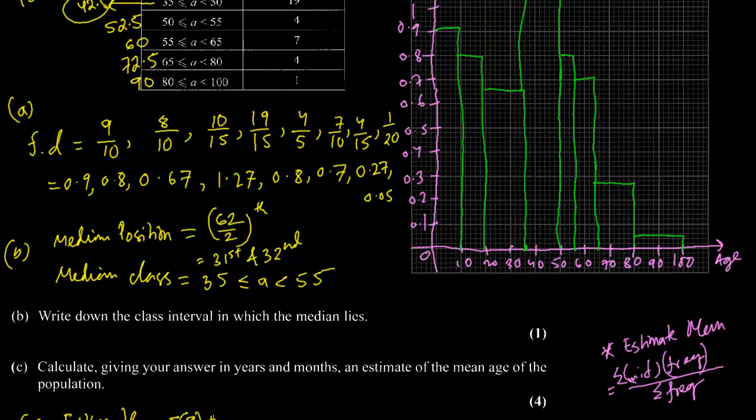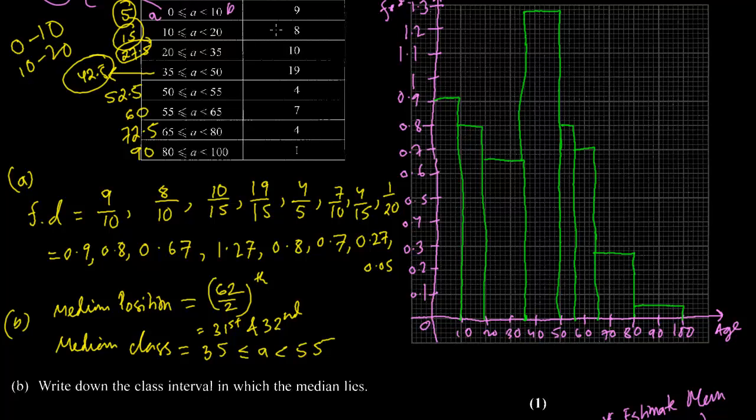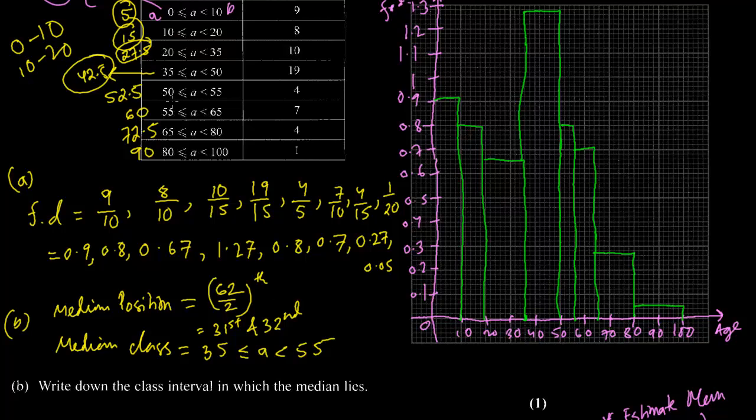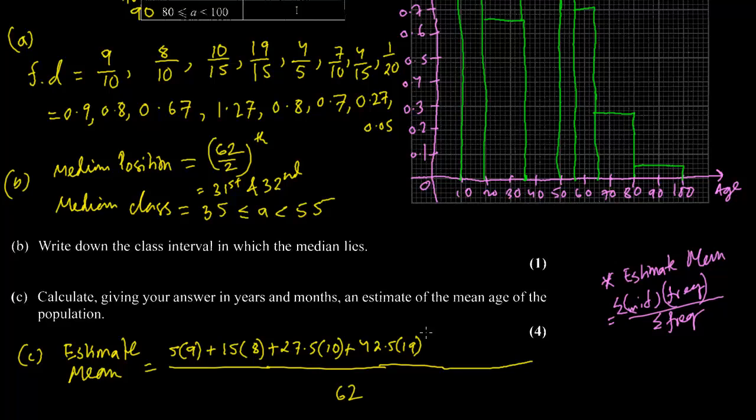So 5 into 9 plus the next midpoint is 15, so 15 into 8, plus the next one is 27.5 into 10, plus the next midpoint is 42.5 into 19.